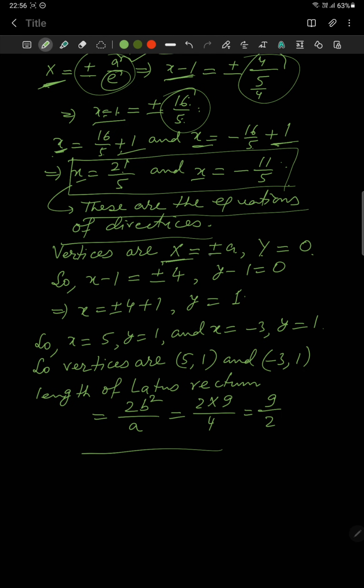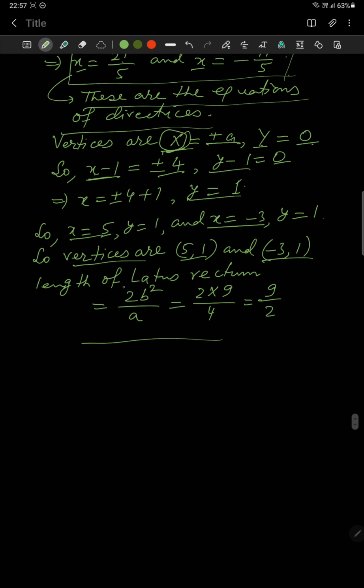So in place of capital X I have written x minus 1 and A is 4, so plus minus 4. After simple calculation, x is coming as 5 and x equal to minus 3, and y minus 1 equal to 0 gives you y equal to 1. So your vertices are (5, 1) and (minus 3, 1).